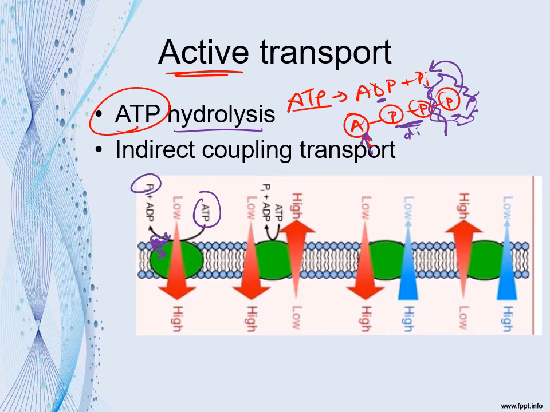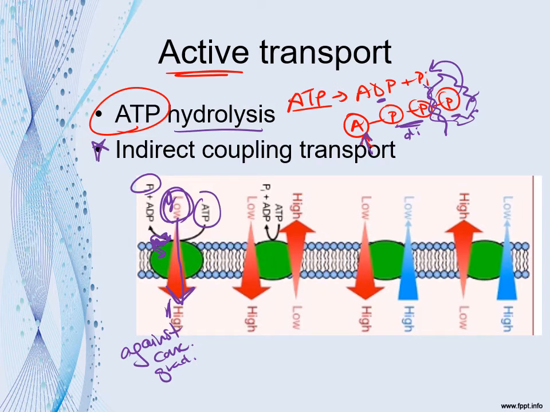It gives that protein lots of energy, and then that protein can use that energy to move things from low concentration to high concentration. We're going against the concentration gradient this time, from low to high. This is not the stable configuration that the universe tends toward, and so energy is required in the form of ATP.